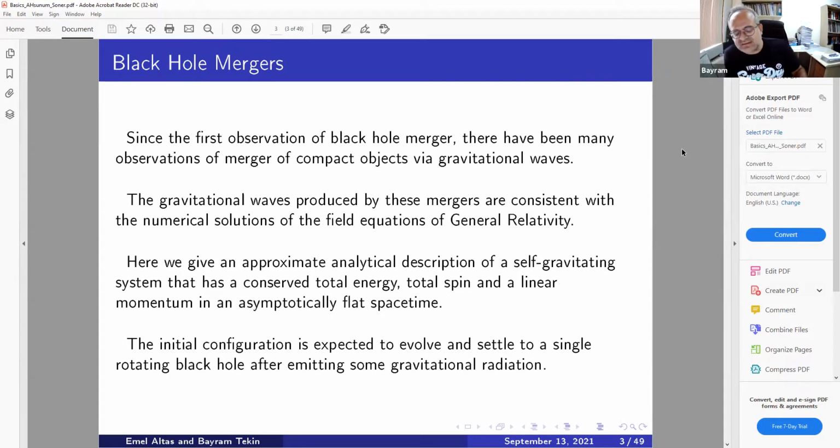So you understand? Final configuration. So this initial configuration that I will discuss at the end will settle into a black hole and emit some gravitational radiation. I will describe the initial data, but from the initial data, I will show you that there could be some non-trivial gravitational radiation.